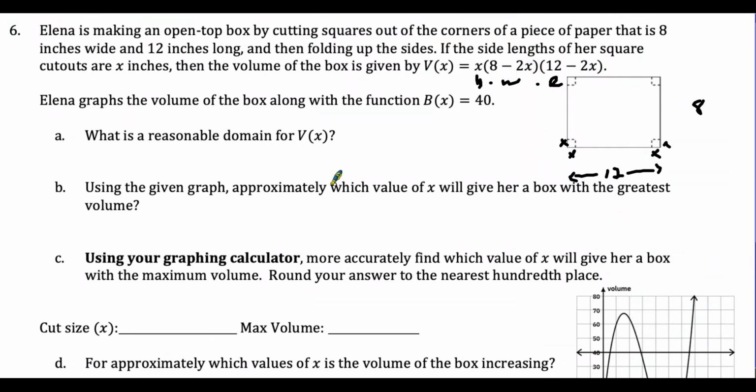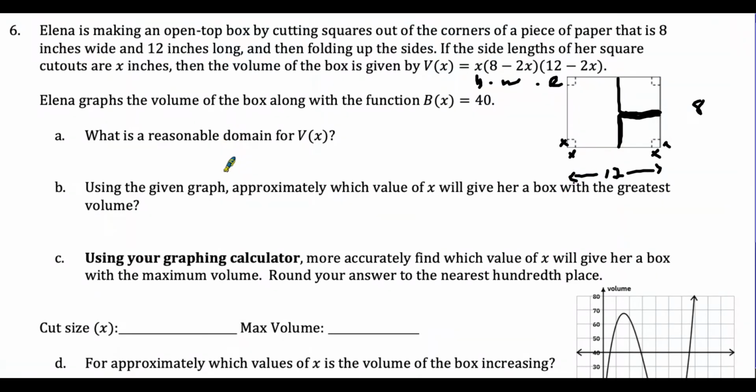Now, for part A, to figure out a reasonable domain, if x is the size of the cutouts, we're just thinking, what is the biggest possible square that we can cut out from every corner? Well, the biggest possible square is just going to be half of whatever my shortest side is.